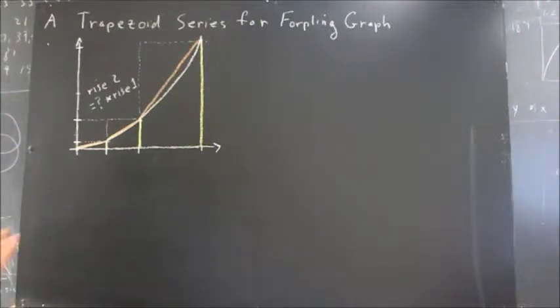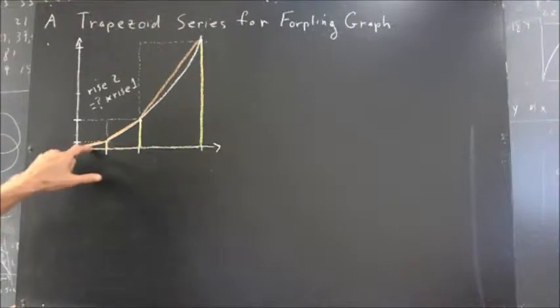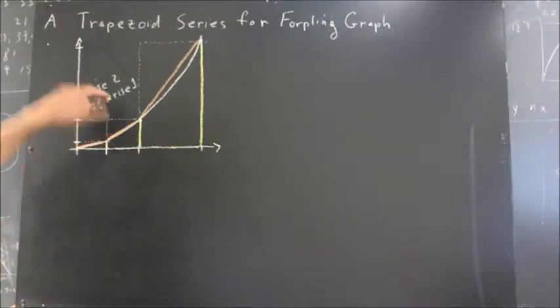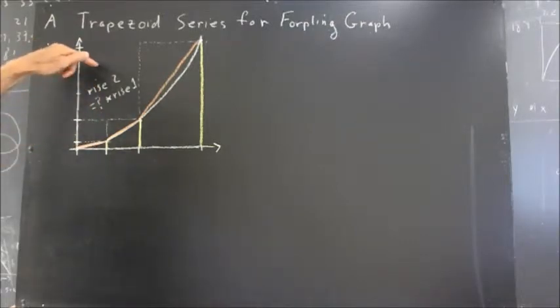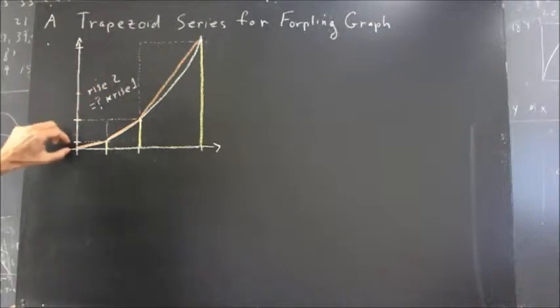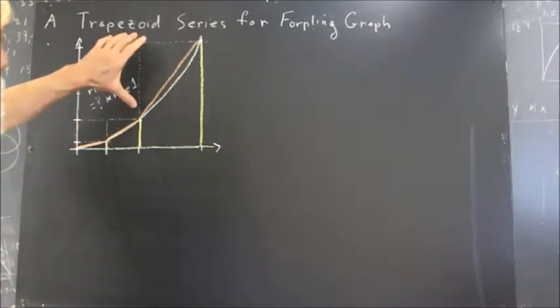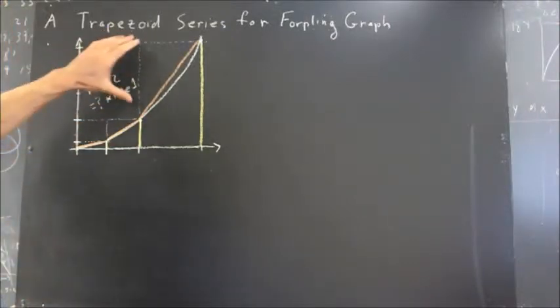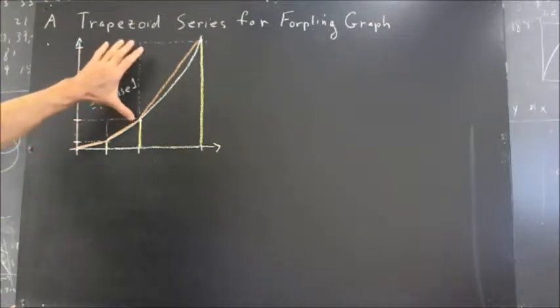Now, as a hint, we could start with, let's say this is trapezoid 1, trapezoid 2, trapezoid 3. So rise 2, that is the rise of the second trapezoid, is what multiple of the rise of the first trapezoid? What number would you put in here? And then how would rise 3 correspond to rise 1? How many times this rise is this rise?